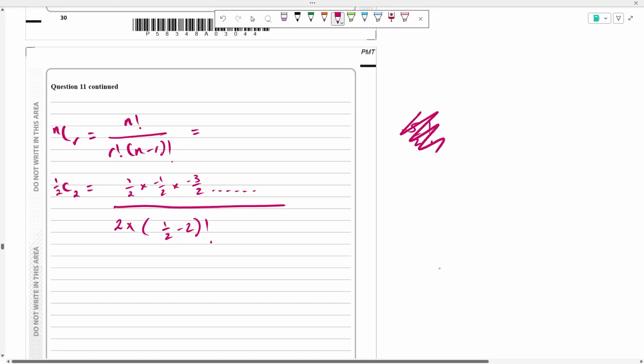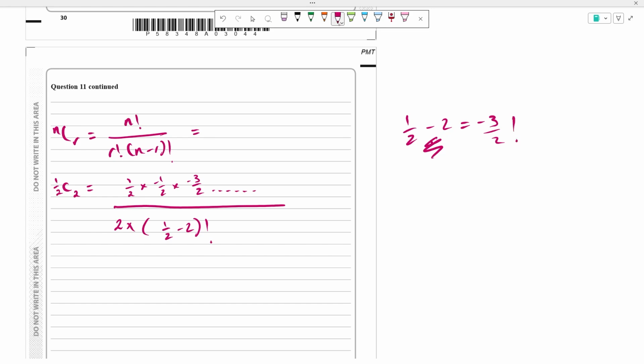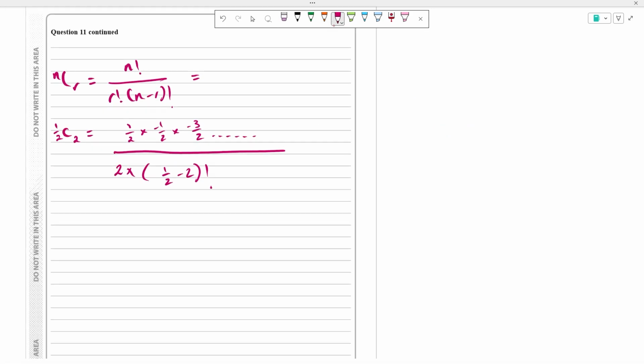A half minus 2 is the same thing as minus 3 over 2 factorial. So what we're going to do is rewrite this as the following. When we have an infinite number of numbers that continue to multiply, we can almost just simplify this like so. And I'm going to rewrite this like this.